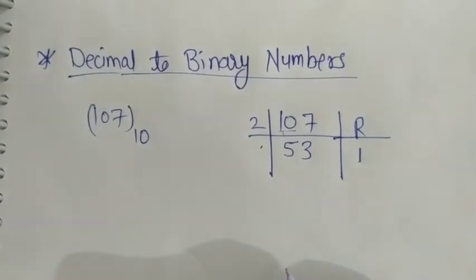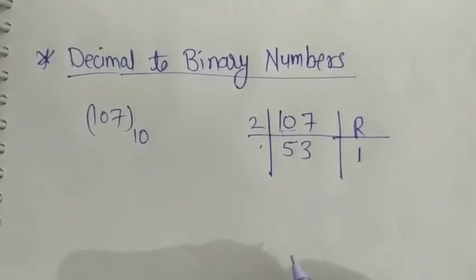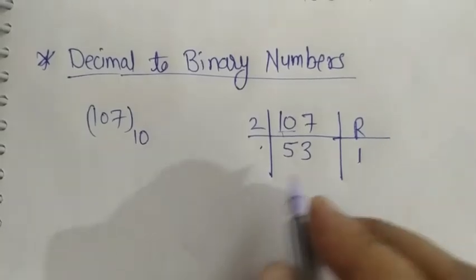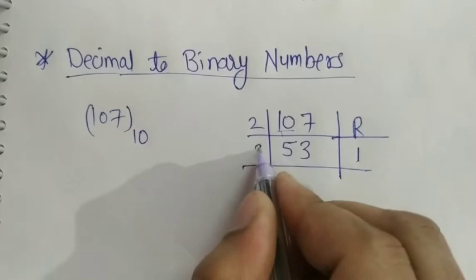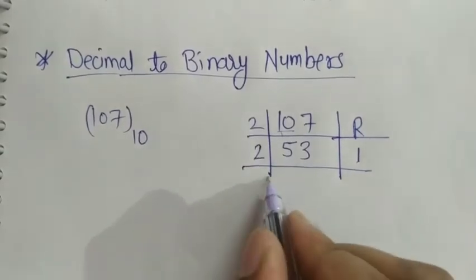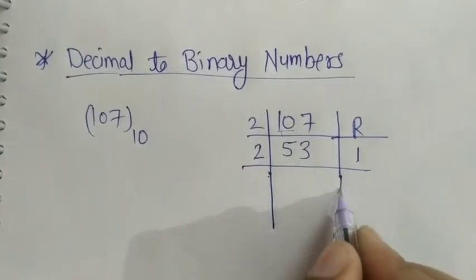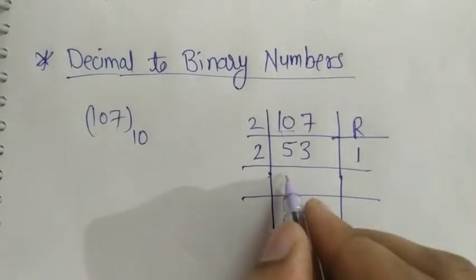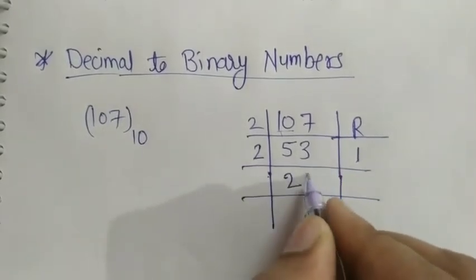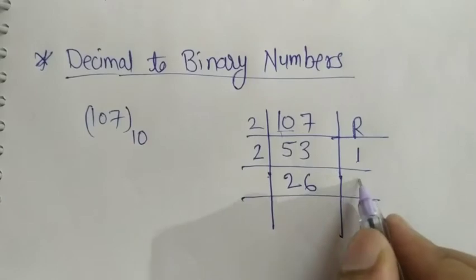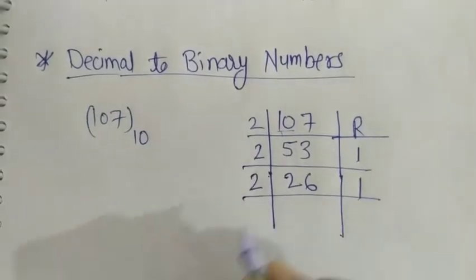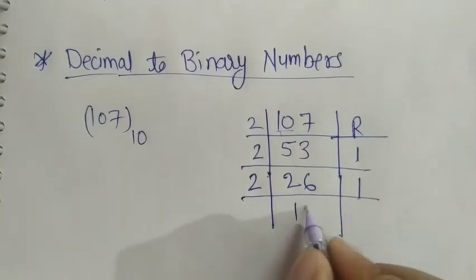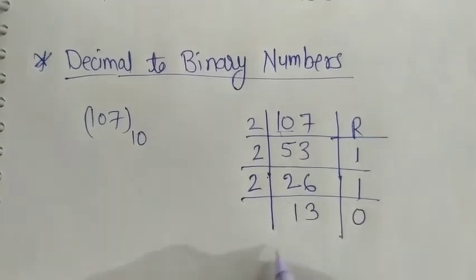You just need to divide by 2 because in binary numbers the base is 2, and I will write the remainder here. Now again dividing by 2, I get quotient 26 and remainder 1. Again dividing by 2, the quotient is 13 and the remainder is 0.